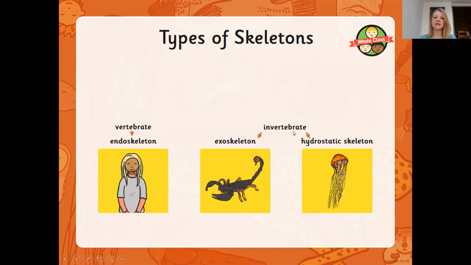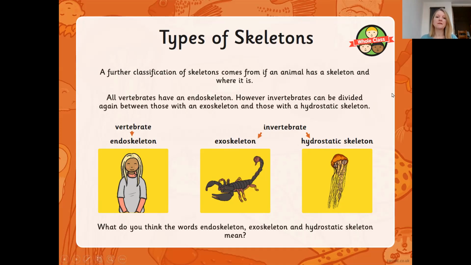And the other invertebrate group have this very long word here, which is a hydrostatic skeleton. That means they don't have any skeleton at all inside or outside their body, but they do have some sort of fluid-filled compartments which give their bodies some shape and structure. We'll have a look at those on the next couple of slides.